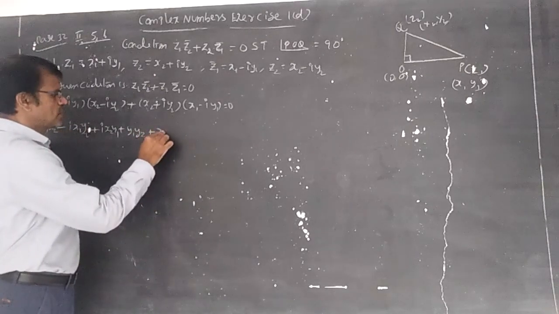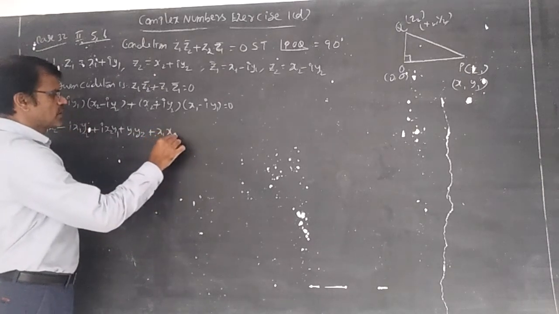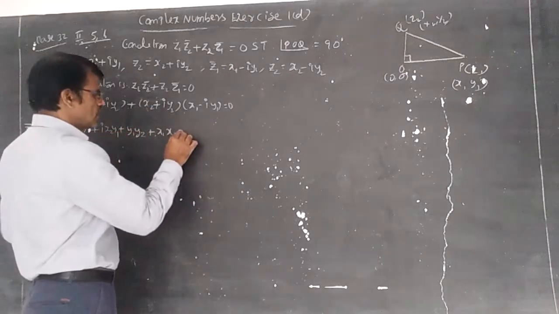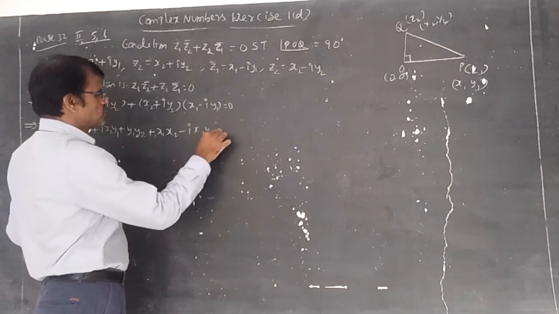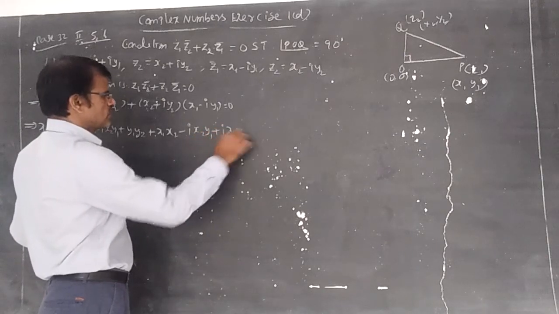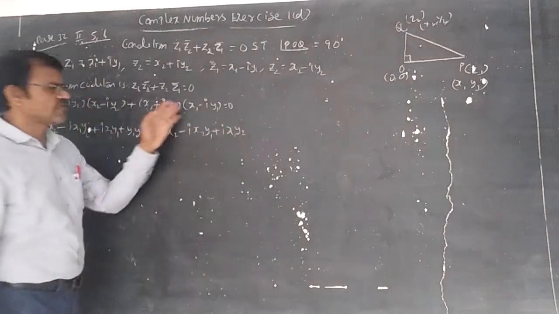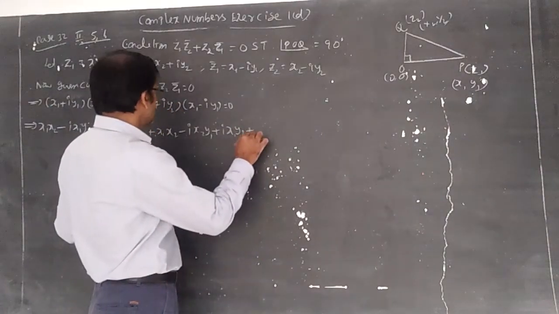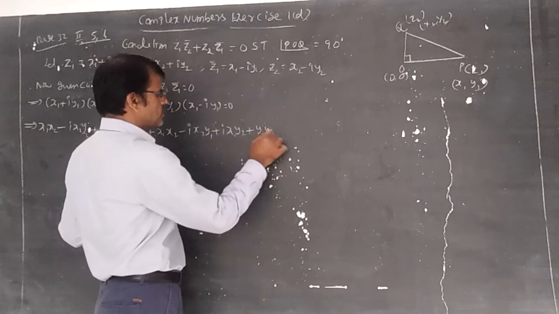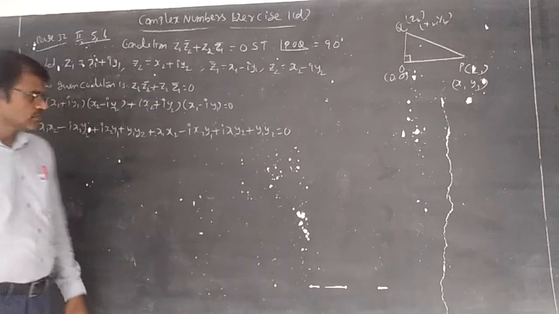Now multiply here also: x1 x2 minus i x2 y1, plus i x1 y2, plus y1 y2, since minus into minus becomes plus, and minus i square becomes plus 1, is equal to 0.